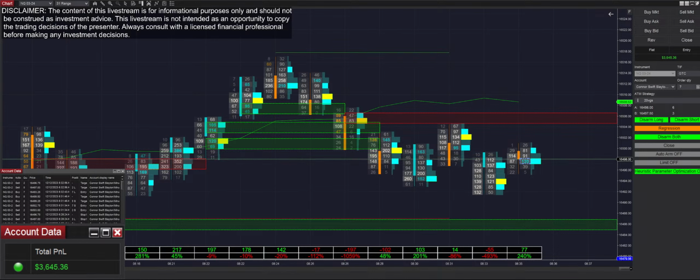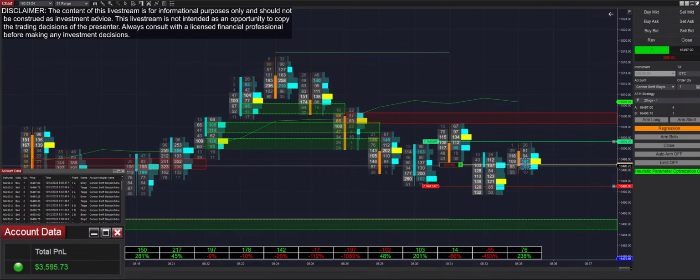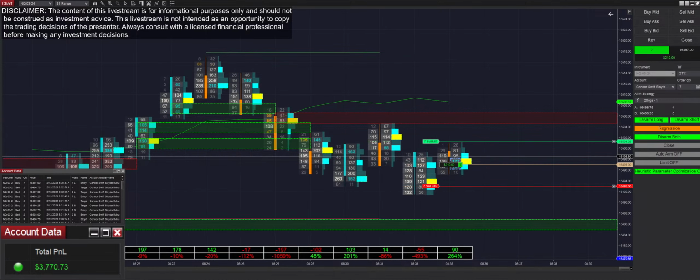I feel like that was definitely the right call, switching into regression mode at that point. There we go, just got filled long.